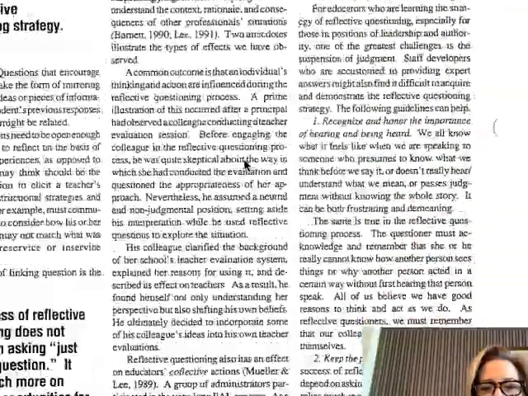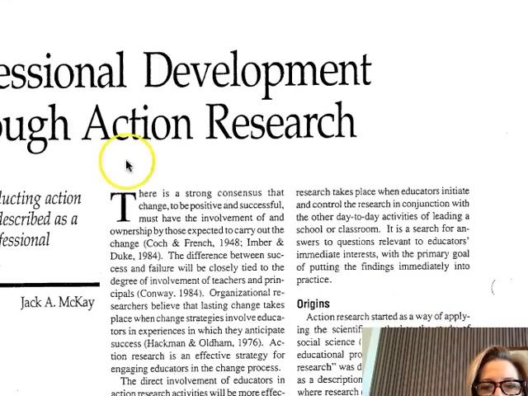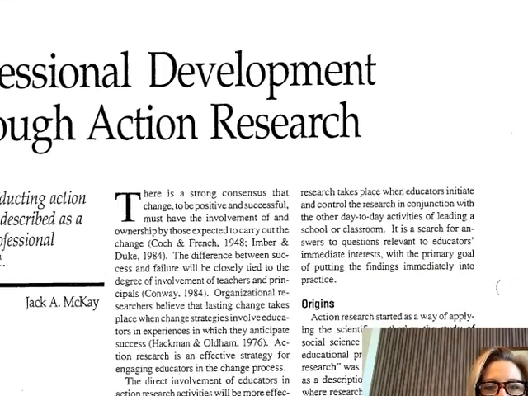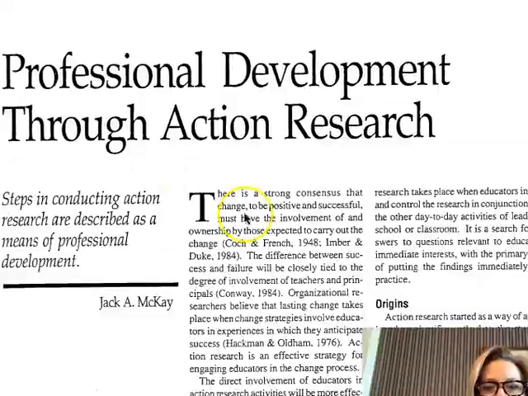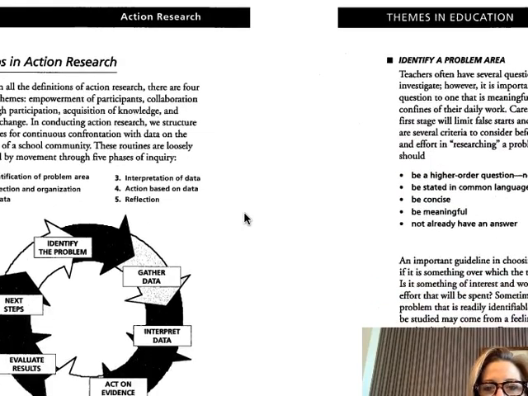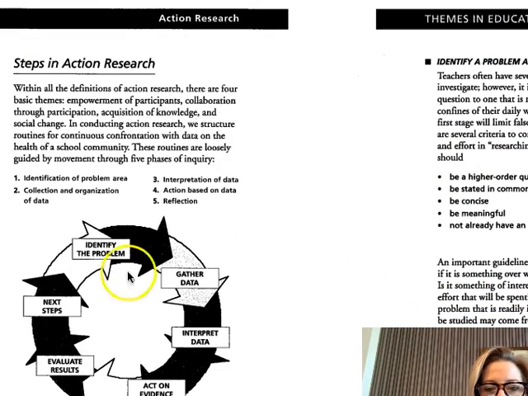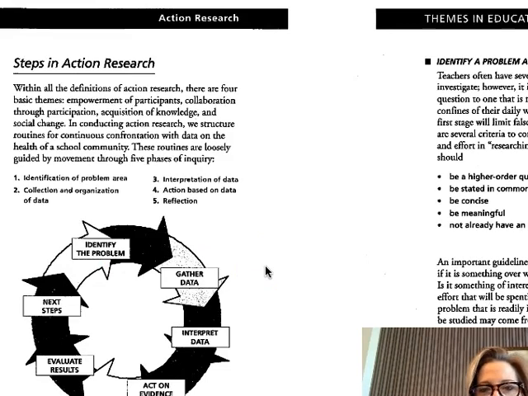Again, short, to the point, not a lot. I'm just asking you to summarize these in the activity. So we've got professional development through action research, McKay, that's Article 3. And then I'll just briefly here, Article 4 is actually out of, I think, a National Staff Development publication. They put together a whole toolkit for schools a few years ago, and then they rebranded as Learning Forward, but there's good information here.